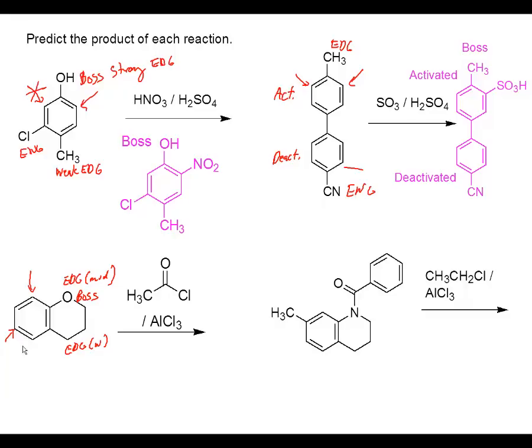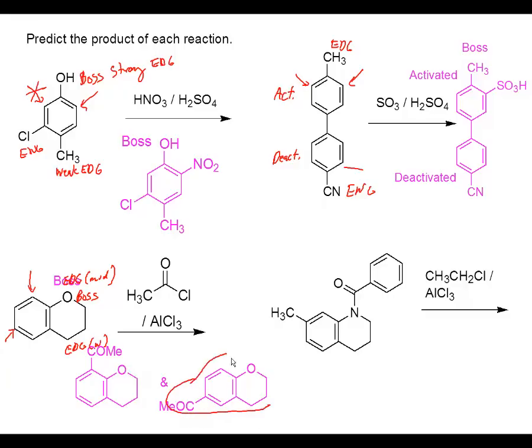This Friedel-Crafts acylation is thus predicted to afford these compounds, either of these two. There may not be that much selectivity, probably a little bit more of this one here for steric reasons, but there should be a significant amount of both of them.